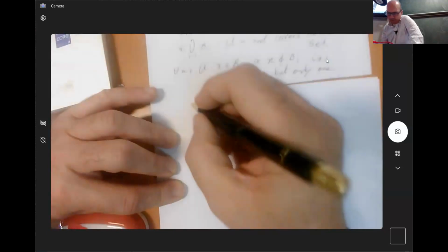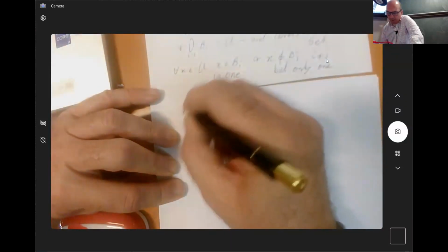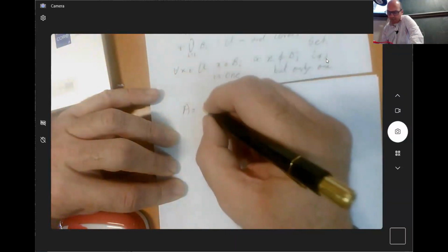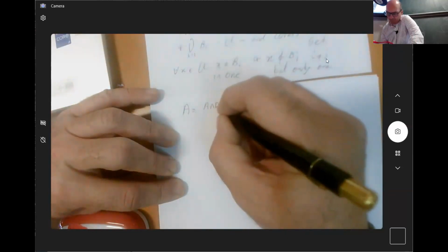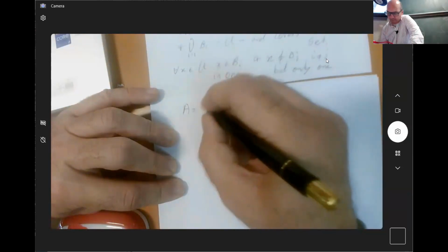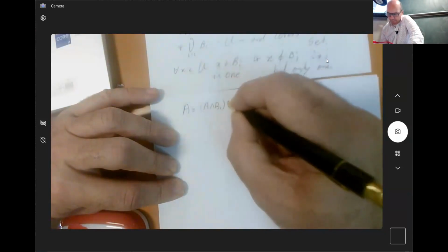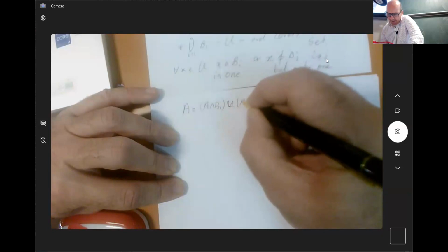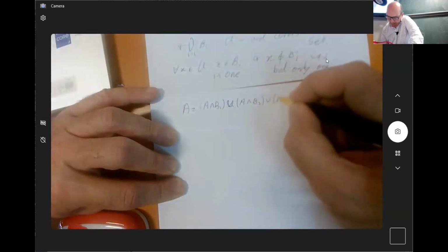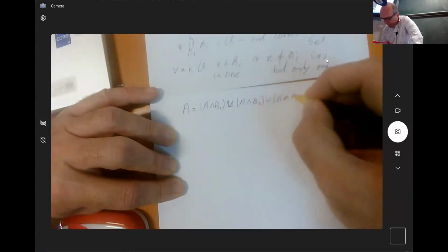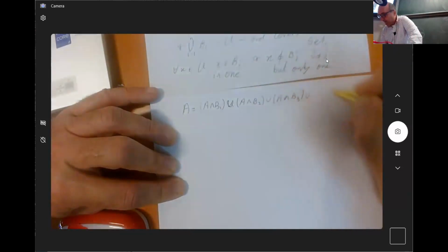So the set A would be equal to A intersection B1, union A intersection B2, union A intersection B3, union, up to A intersection Bn.